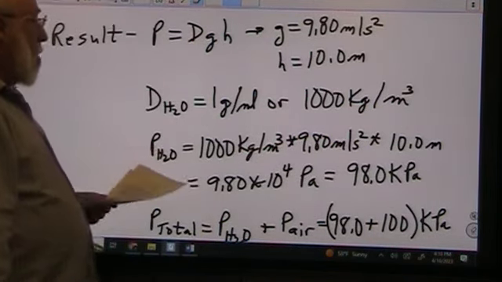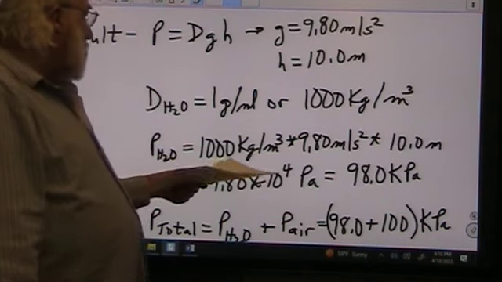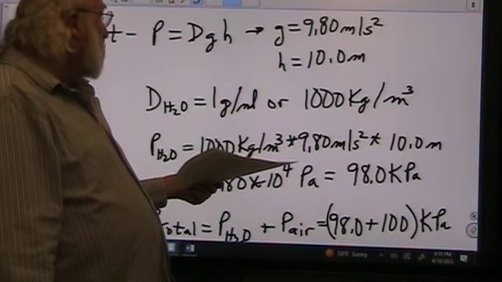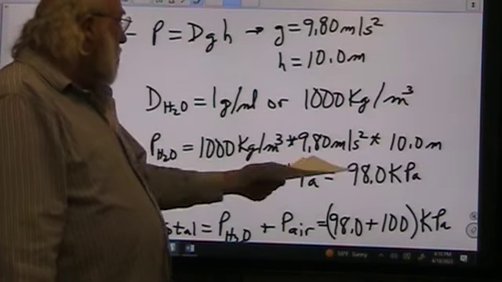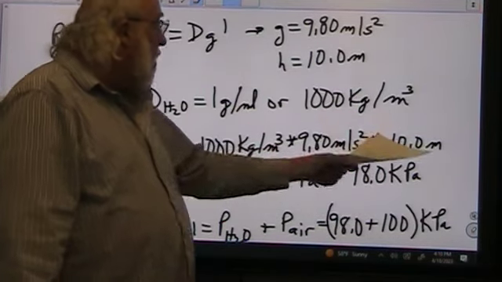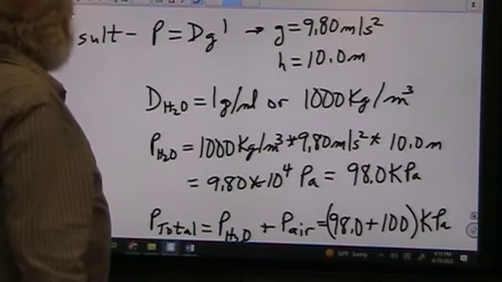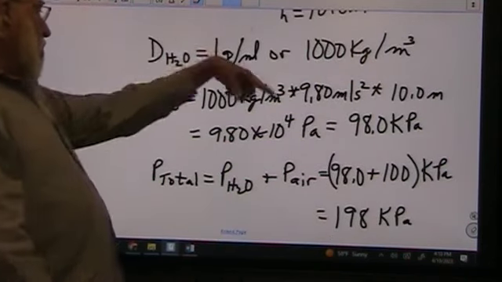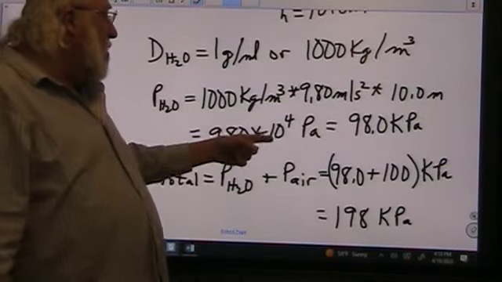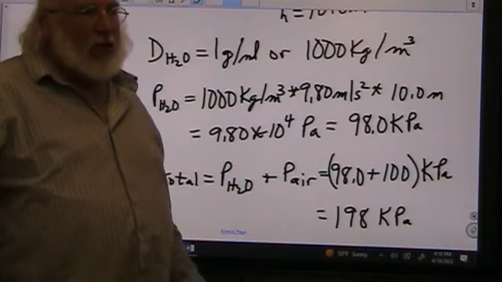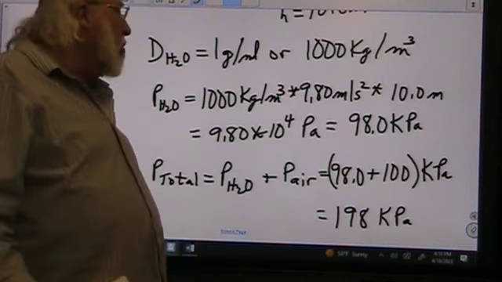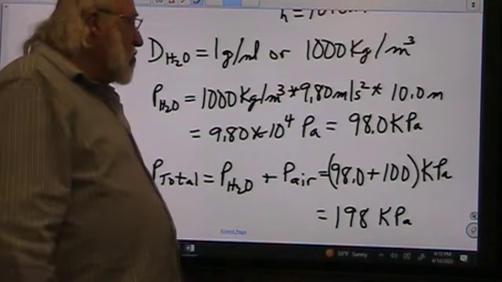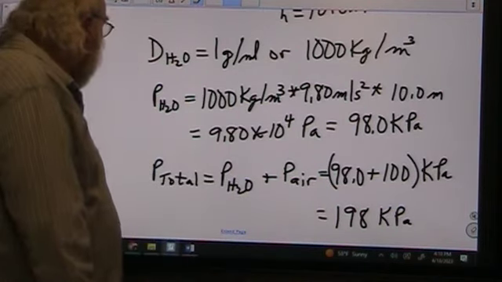So the pressure of the water, according to the formula, d is 1,000 kilograms per cubic meter, g is 9.80 meters per second squared, and height is 10. Multiply all that together, we get 9.80 times 10 to the 4th pascals, and we tend to measure atmospheric pressure in kilopascals, so that's 98.0 kilopascals.